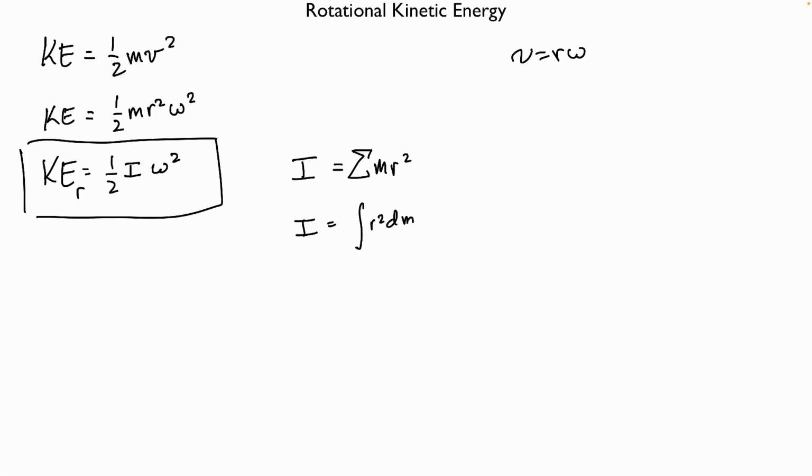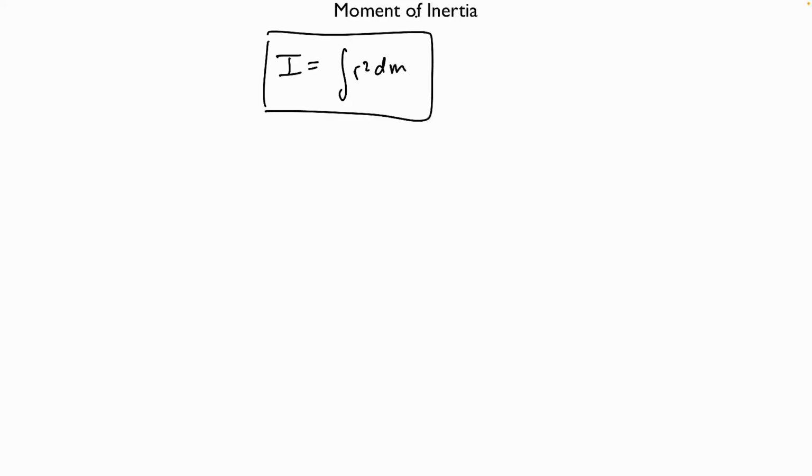But the actual strict definition for the moment of inertia is that right there. However, we are not going to do the integrals. We're going to make other people do the integrals. That's what we're going to do, okay?